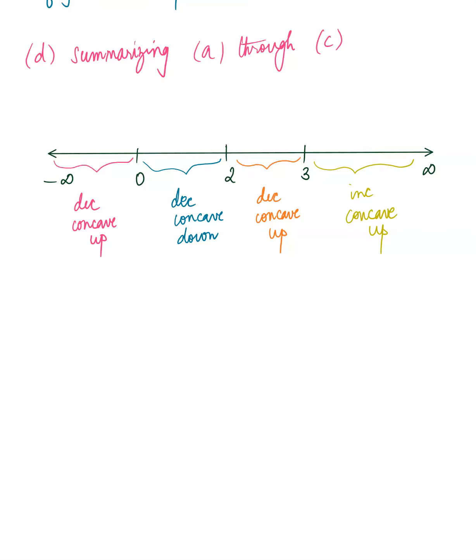If we consider the general shape, decreasing and concave up, this is the only piece that will be decreasing and yet concave up. Decreasing and concave down would be this piece, right? Use your hands to kind of pick up the shape. Decreasing and concave up, same as the first one. Increasing and concave up must be the other part of your concave up.